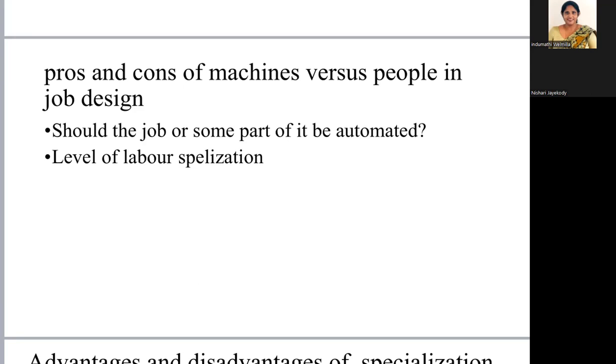So using machines versus people is both a tangible economic decision in job design and a decision based on intangibles such as customers' acceptance.